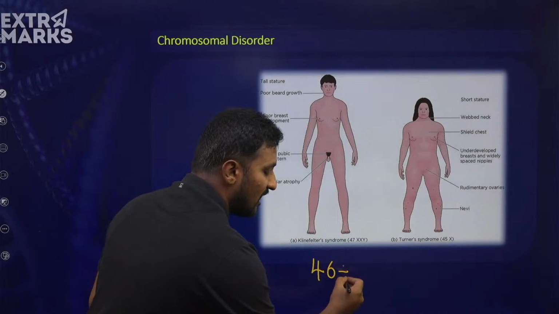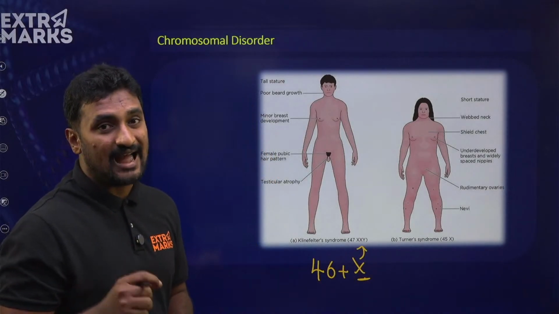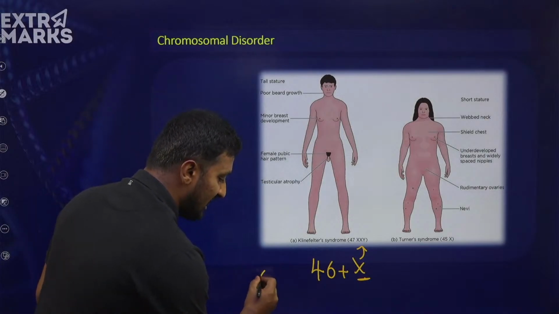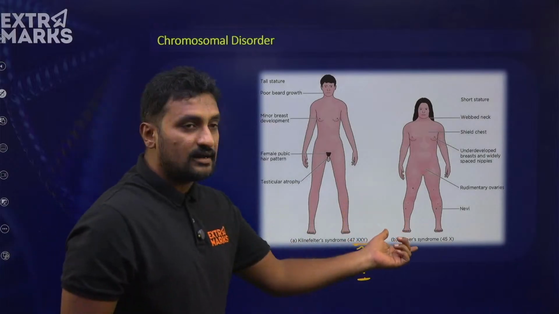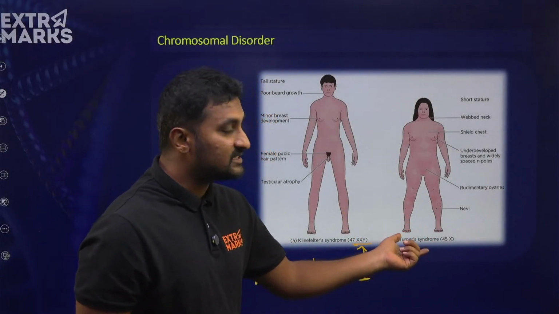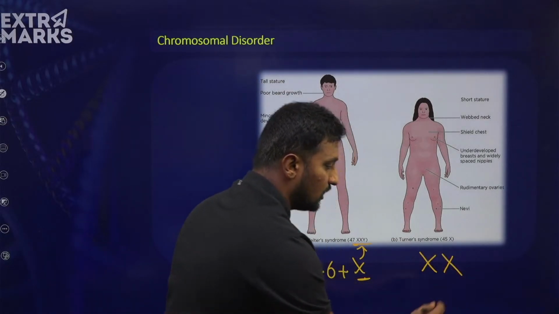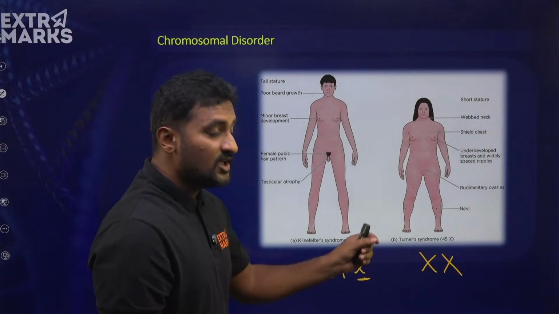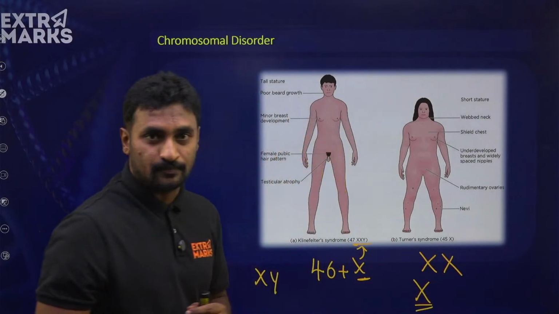Here he has one additional X chromosome attached to the last allosome. So instead of having XY, he has XXY. And the other image is about a woman who has Turner syndrome, where she is supposed to have XX chromosomes, but here she has one less X chromosome, so she has only one X chromosome, right?